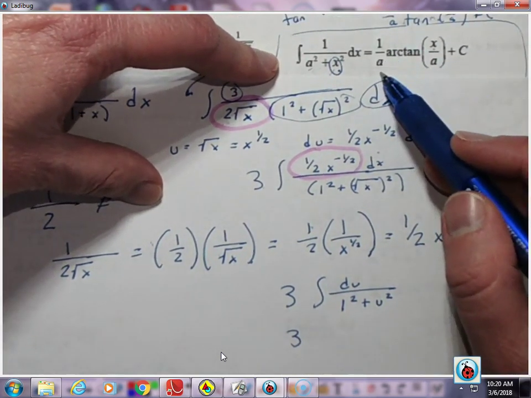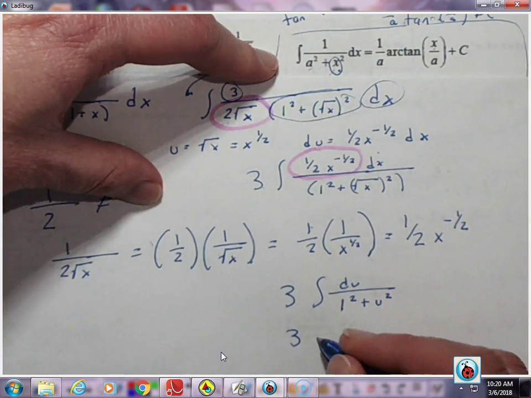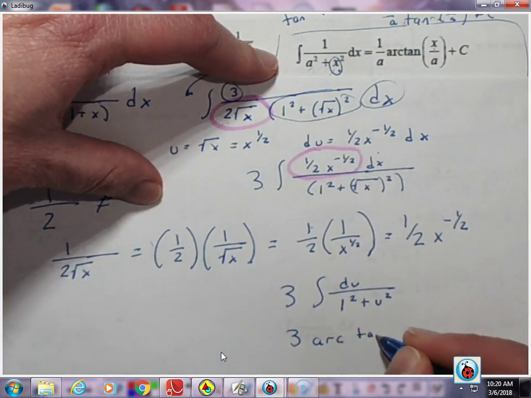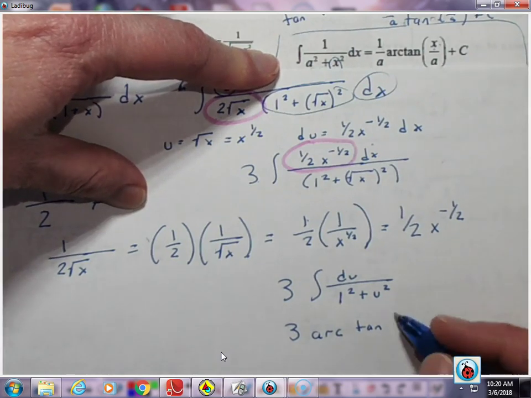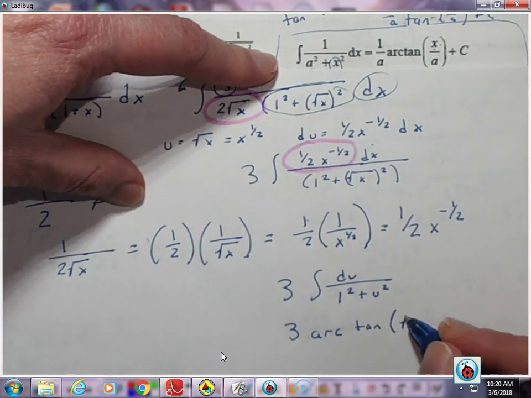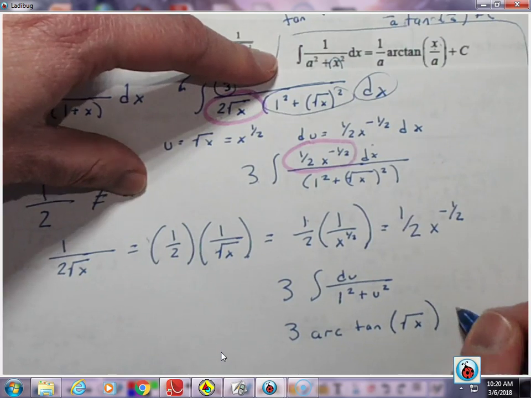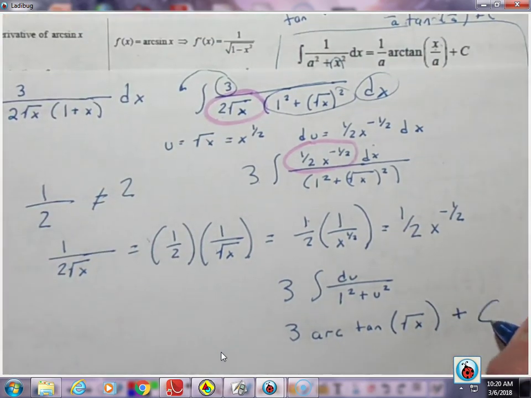So it's 1 over a, which is just 1, arctan of u over 1, which is just u. So I'm just going to put my u back in. Plus c. And that's actually it.